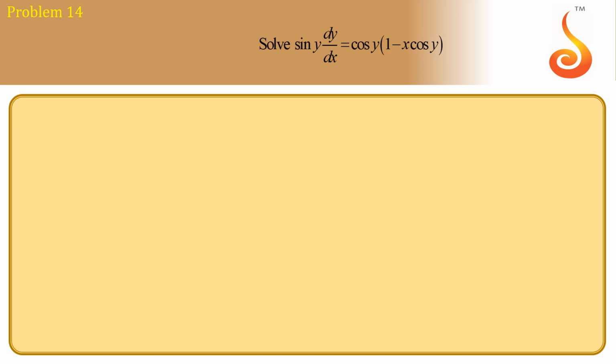Next problem. Solve sin y into dy by dx equal to cos y into (1 minus x cos y). So if I write this as sin y dy by dx, I think it's looking like Bernoulli. So we should convert it into a linear differential equation. So minus cos y minus x cos square y.